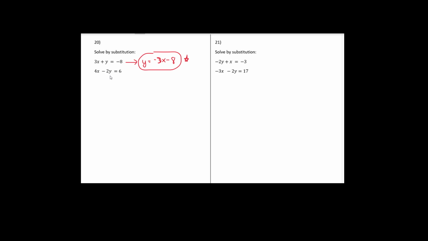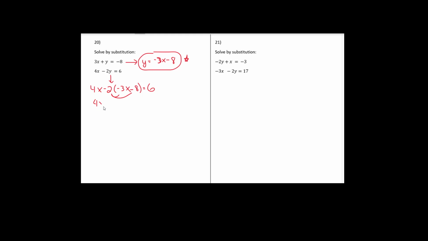And on the other equation, I'm going to put the arrow under the y. So this would be 4x minus 2 parentheses. Inside parentheses, I put negative 3x minus 8, close parentheses, equals 6. Now I solve the equation.